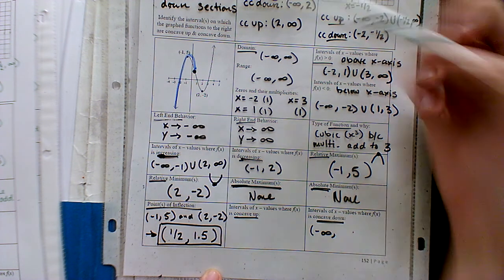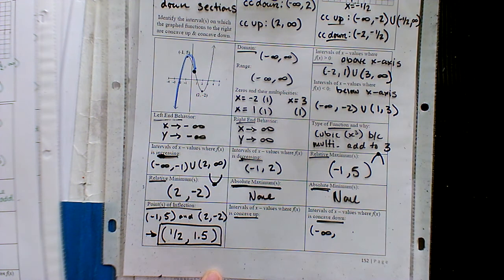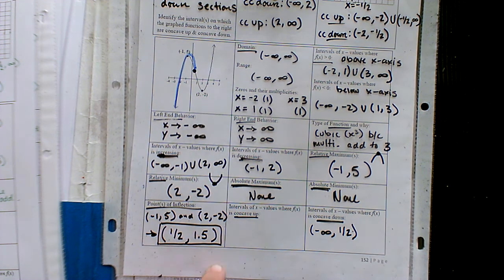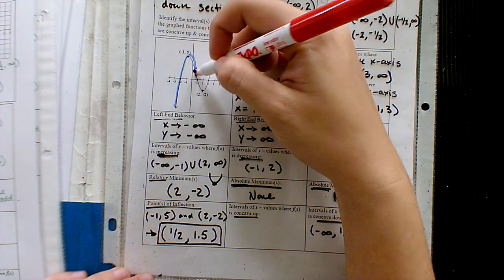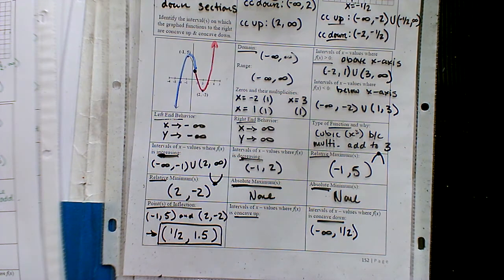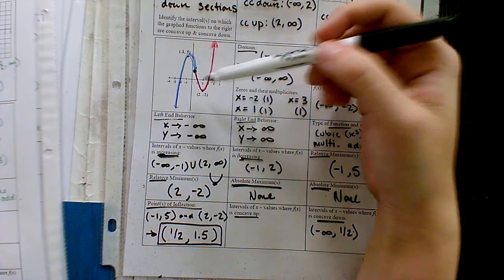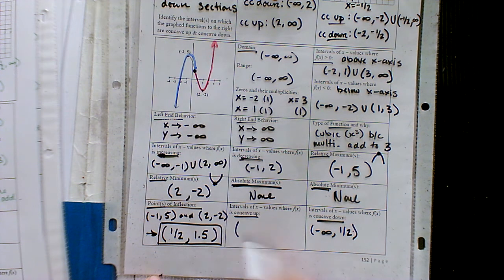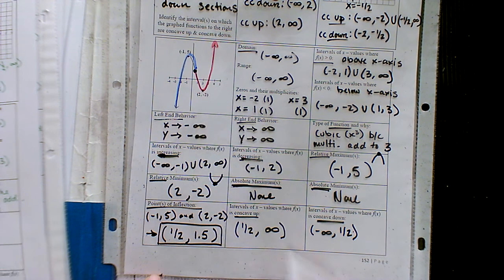We'll have negative infinity, and we stop at the point of inflection, which has an x value of 1/2. If we continue to trace, we do not have another point of inflection, so this is going to be our last interval. Notice how it looks like a regular parabola shape opening up. So that would go from 1/2 to positive infinity.